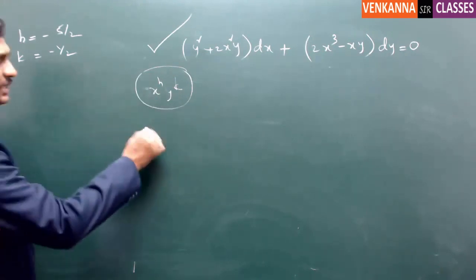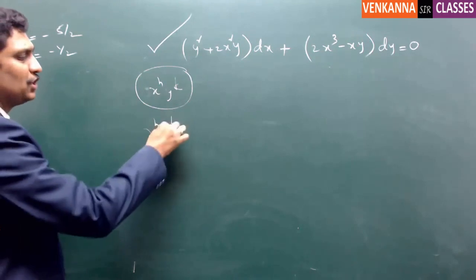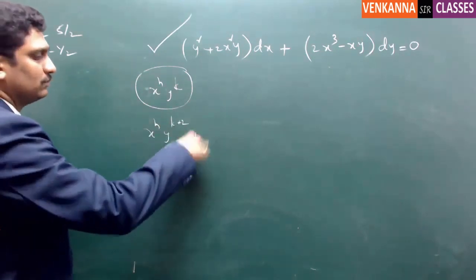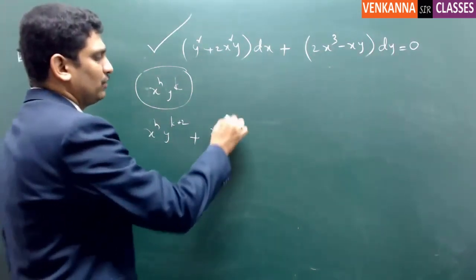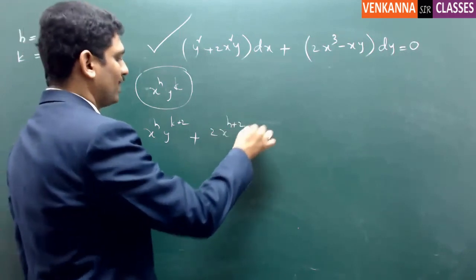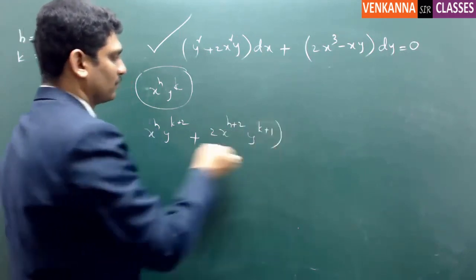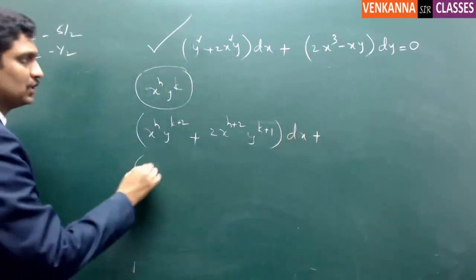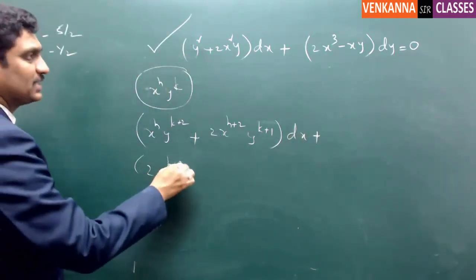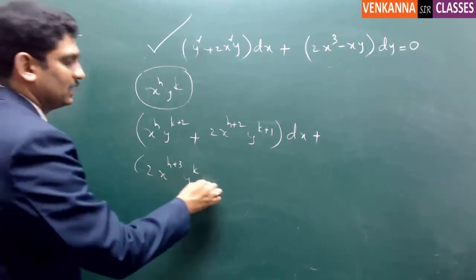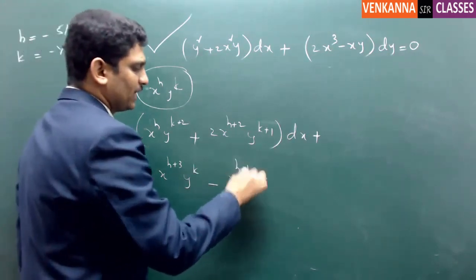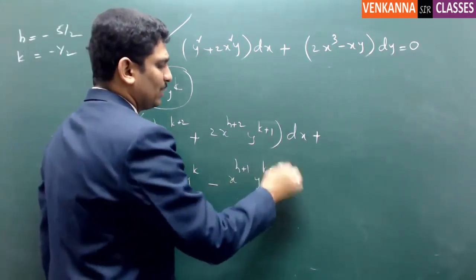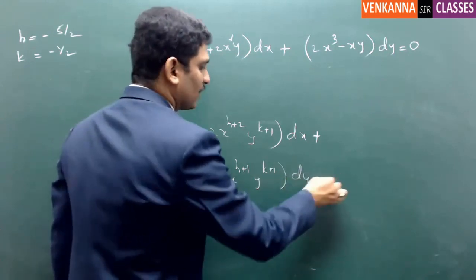So what happens? It is x power h into y power k plus 2 plus 2 into x power h plus 2 into y power k plus 1 of dx plus 2 into x power h plus 3 into y power k minus x power h plus 1 into y power k plus 1 of dy equal to 0.